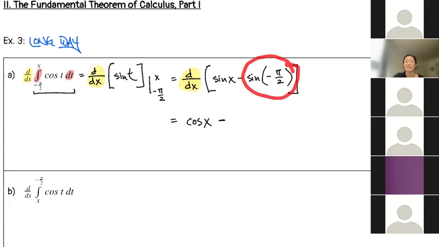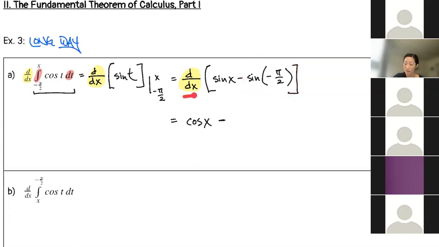I know that this is very unlike me, but I don't actually want you to tell me what value this is right now. It is important that you know trig values like this, but that's not the purpose of this particular exercise. When I take negative pi over 2 and plug it into sine x, are there any variables left? No variables.